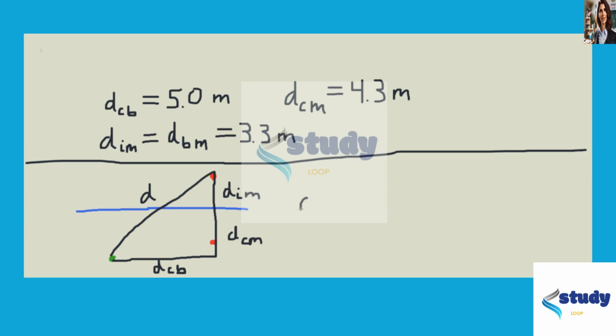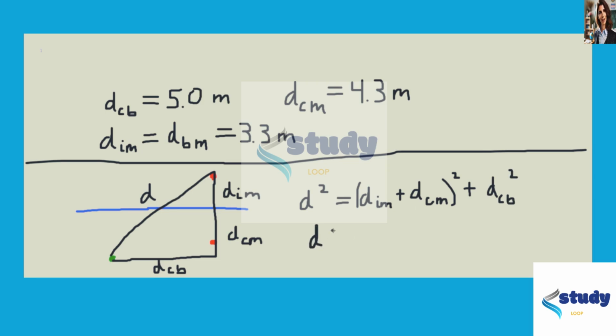Okay, so then using the Pythagorean theorem, D squared is equal to the distance of the image to the mirror plus the distance of the camera to the mirror, these two values added together and squared, because that makes up one side of the right triangle, plus the other side of the right triangle, which is DCB, squared.